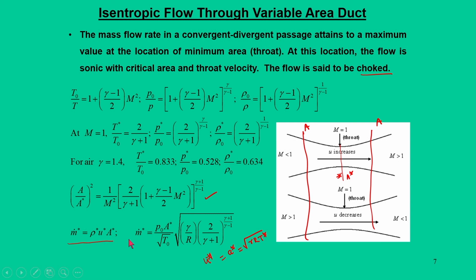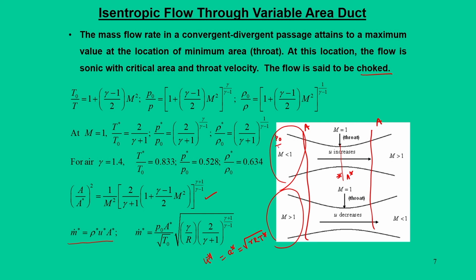It is interesting to see that the choked mass flow rate is governed by three main factors. One is the geometric factor A star, which is the minimum area location. The others are P naught and T naught, which are the reservoir conditions, that is, your upstream conditions where the flow actually enters.